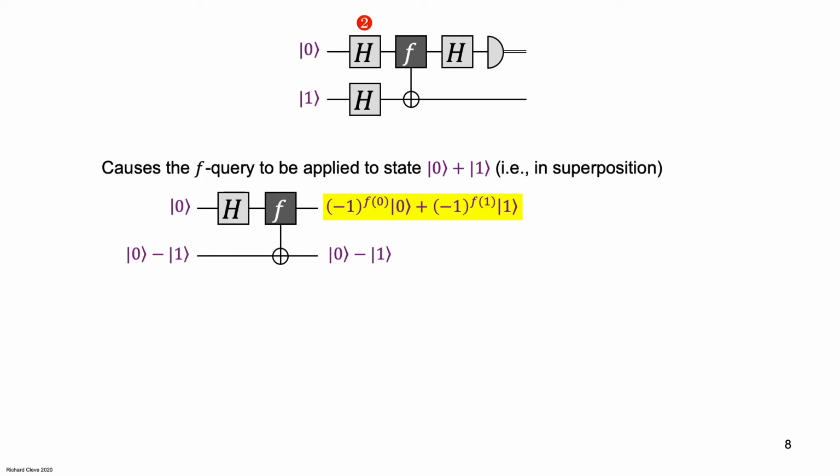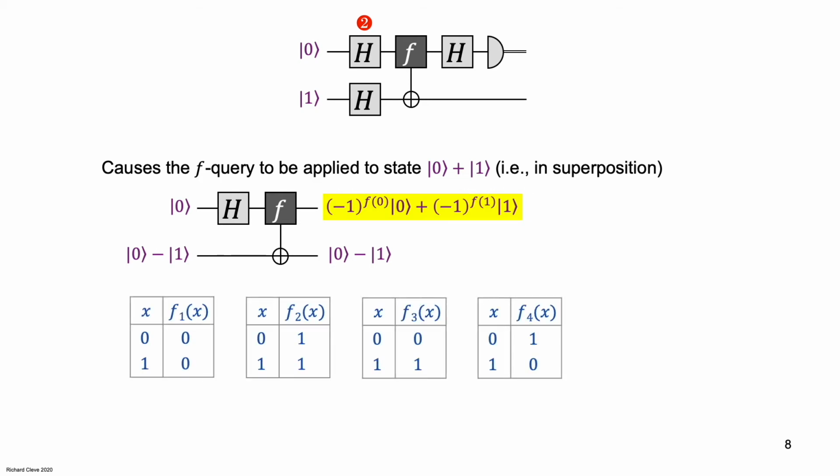Let's look at what this state is for each of the 4 possible functions. For the function that's 0 everywhere, both phases are +1. For the function that's 1 everywhere, both phases are -1. This is the |+⟩ state, or minus the |+⟩ state. For the other 2 functions, where the 2 values are different, one phase is +1 and the other phase is -1.